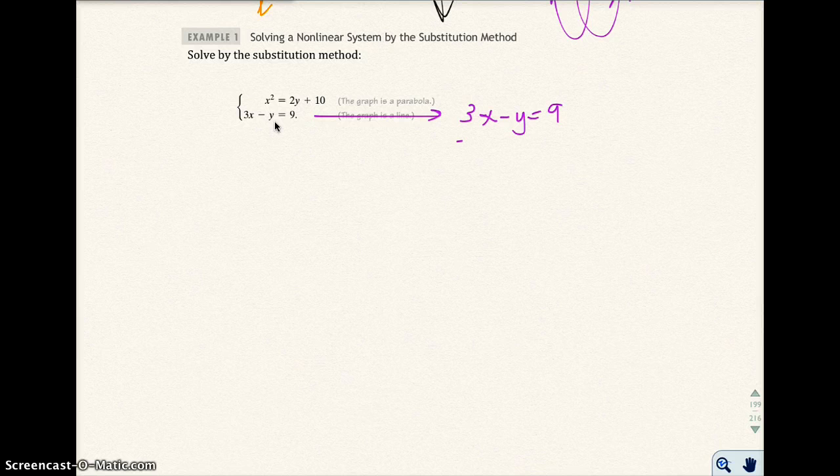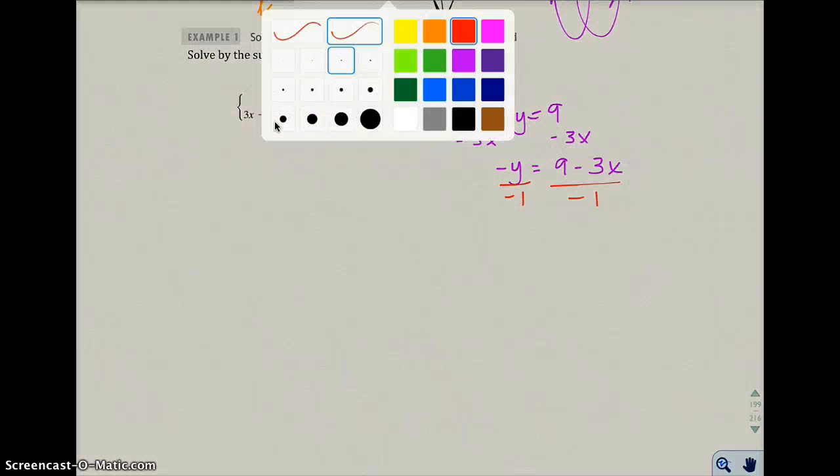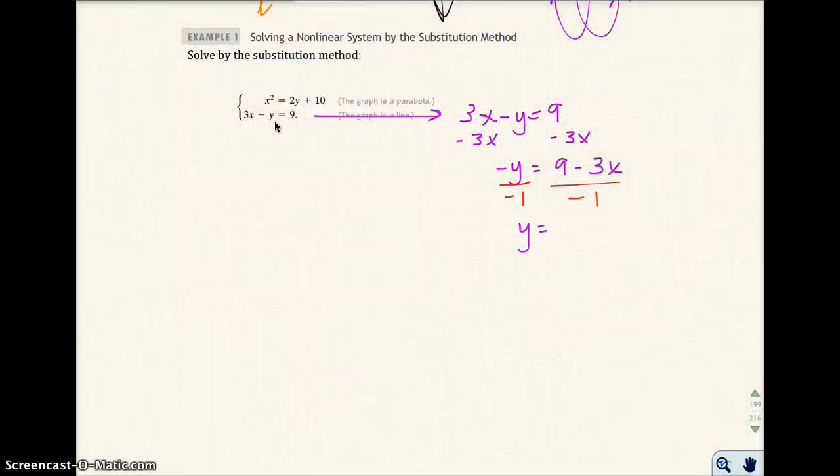I subtract 3x from both sides, so I get negative y equals 9 minus 3x. If I divide both sides by negative 1, I get y equals negative 9 plus 3x.